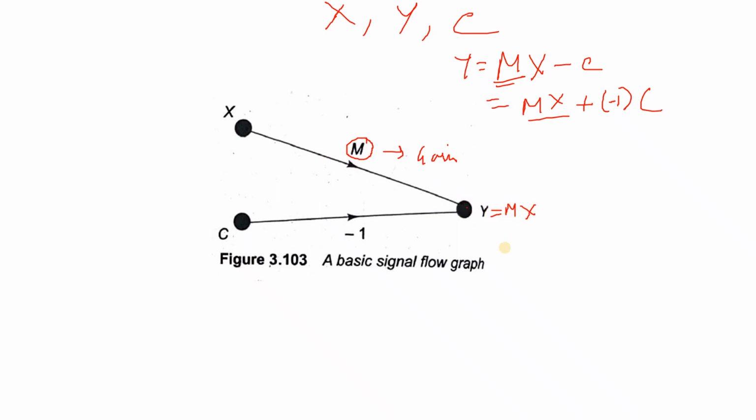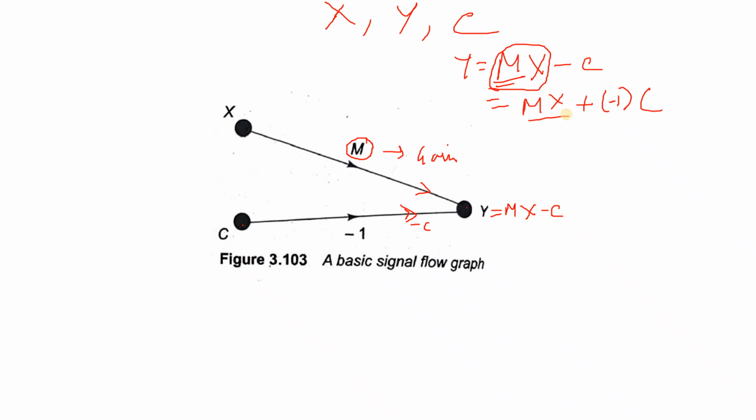So x into gain will give you y. So what you are getting? M into x. Then c is another signal. C into minus 1, so you are getting minus c, and it is coming over here. So mx and minus c, two signals are flowing and reaching y.